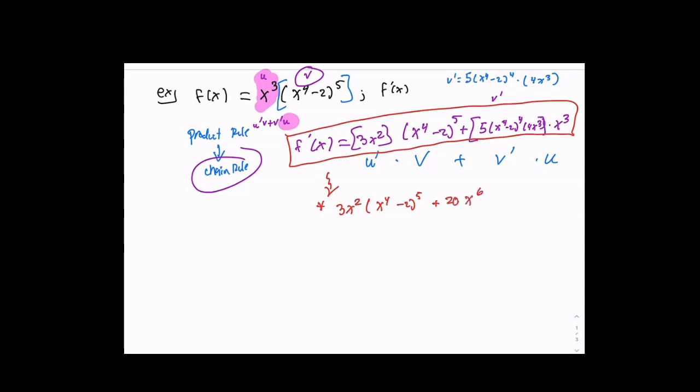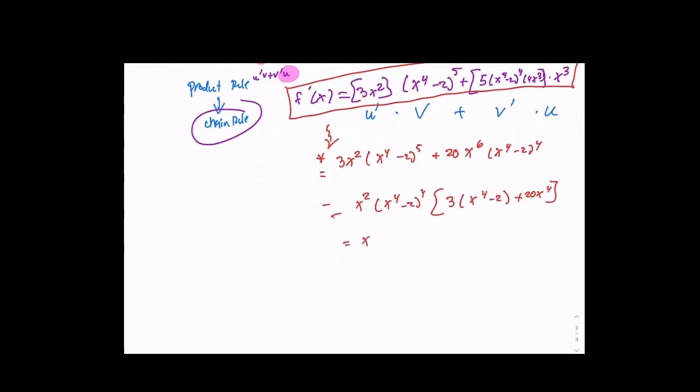Times 20x to the 6th times x to the 4th minus 2 to the 4th power, which is x squared times x to the 4th minus 2 to the 4th power times 3 times x to the 4th minus 2, plus 20x to the 4th, which is x squared times x to the 4th minus 2 to the 4th power times 23x to the 4th minus 6.